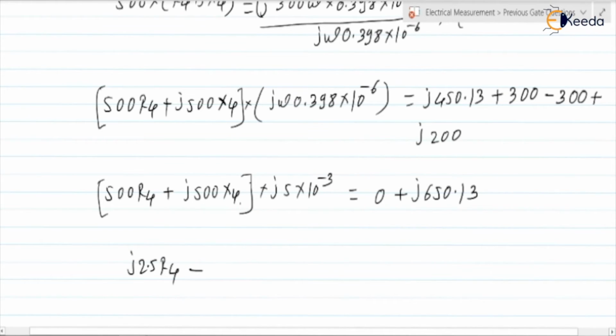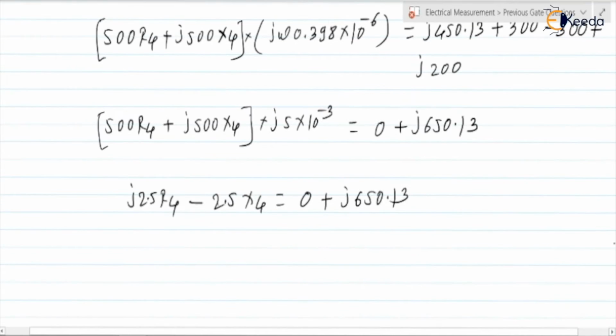Next, j into j is j square, so it will be minus, so you can write it as 500 into 5 into 10 to the power minus 3, so it is again 2.5, minus 2.5 into X4 is equal to 0 plus j 650.13.